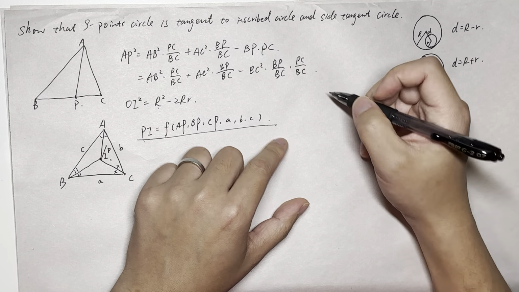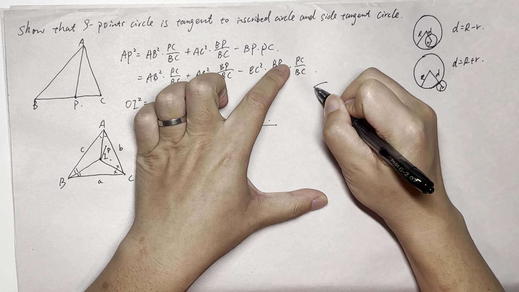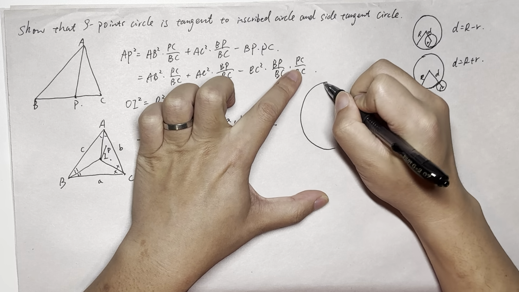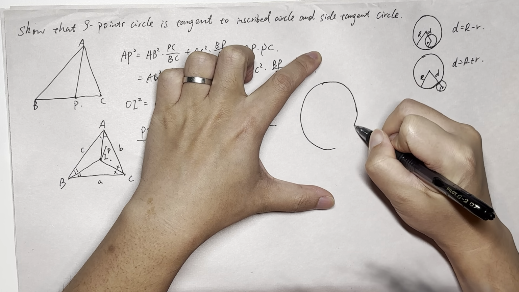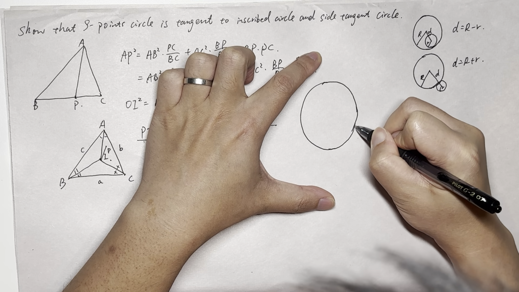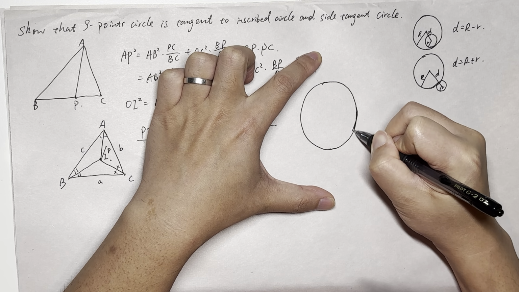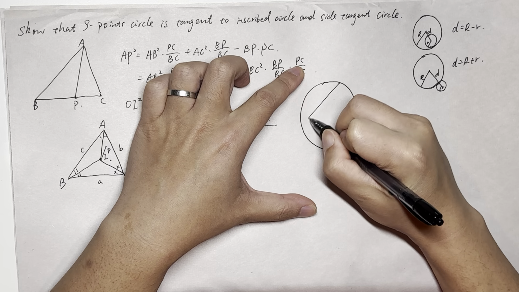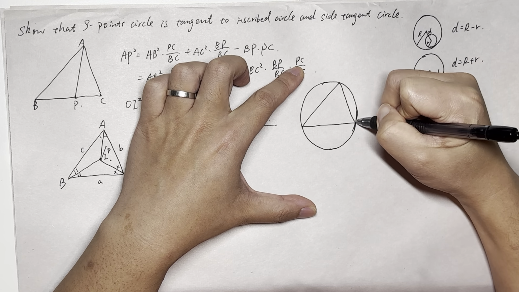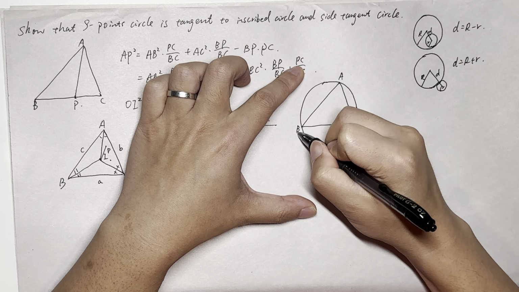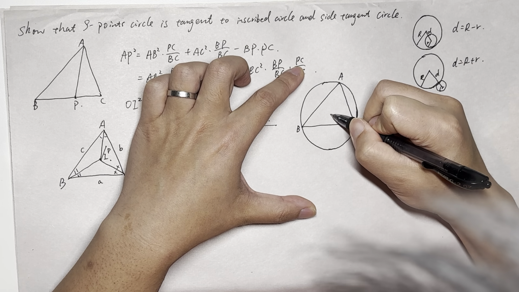Okay, let's just draw the circle first. Right, that's a circle, and we have A, B, C here.